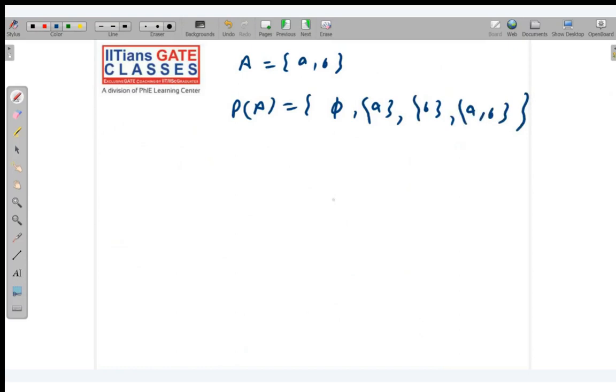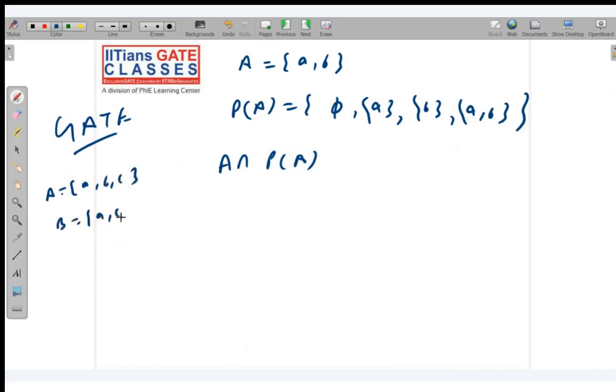I want to find, this is a GATE question, A intersection power set of A. I think you already know we have to write the common part. If A is {a, b, c} and B is {a, c, d}, then A intersection B will be {a, c}. So now please give me the answer. A intersection power set of A will be what? Common part. Nothing, sir. Very good. So the answer is phi.